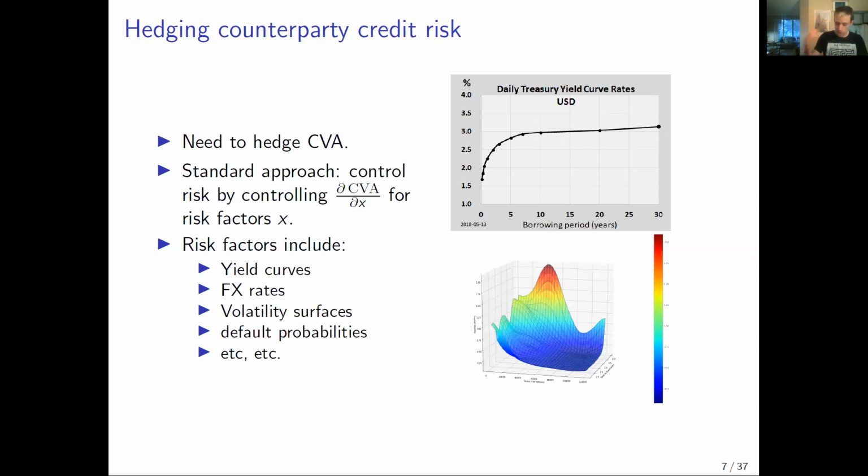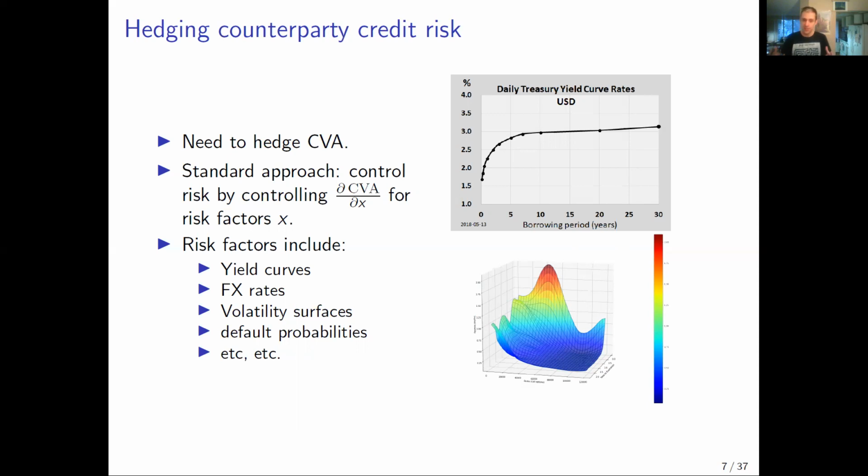So we compute the partial derivative of CVA with respect to all these market variables, and then we try to change the makeup of our portfolio so that these partial derivatives are small. The reason for this is that if the partial derivative of CVA is small with respect to these market risk factors, then if the market moves, it's unlikely that CVA will change significantly, because by the definition of a derivative, the sensitivity of CVA to these market risk factors is small.